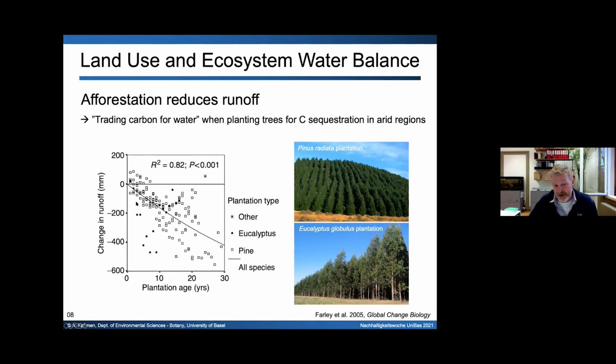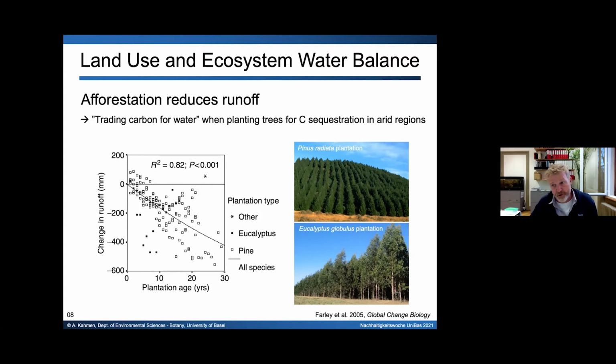And you can see this very nicely here in this figure, that is with increasing stand age of these plantations, so with increasing tree size, the runoff changed quite dramatically, so by up to 400 millimeters. And if you think that here in Basel we have about 800 to 900 millimeters of precipitation per year, this is quite dramatic.